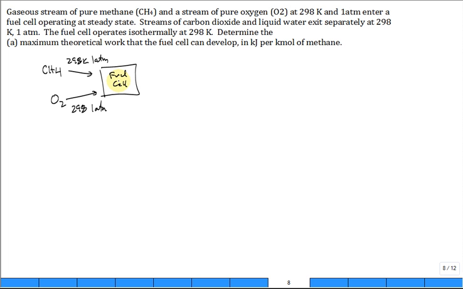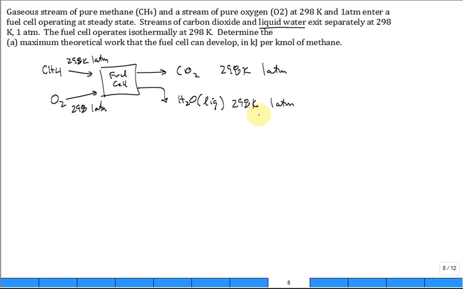Okay, well, what's a fuel cell do? It's a black box that's going to produce some power for us. You could read more about fuel cells, but it undergoes a chemical reaction inside such that streams of carbon dioxide, CO2, and H2O liquid, liquid water, exit at what temperature? 298 Kelvin for the CO2 and 1 atm. 298 Kelvin for the liquid water at 1 atm.